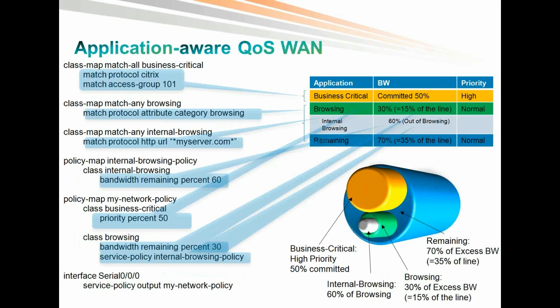Now on the WAN, what we can do is something a little bit more granular with NBAR 2, and there's 3 ways, as we talked about, to apply it. You can do it based on protocol, you can do it based on category, and the third way is to do discovery. Now, we don't really have a slide on discovery, but it basically learns all the traffic and all the applications.